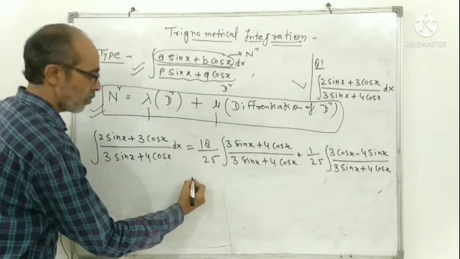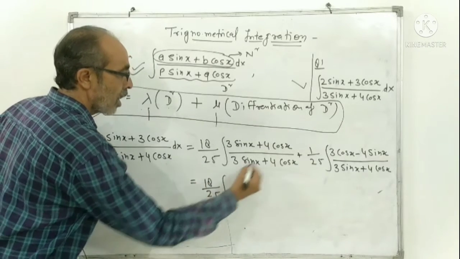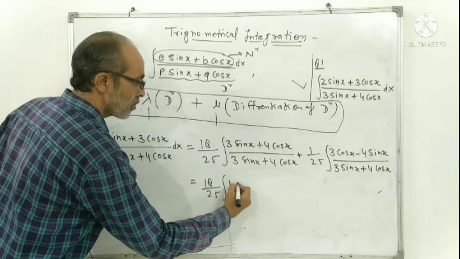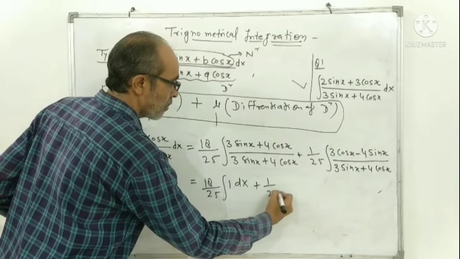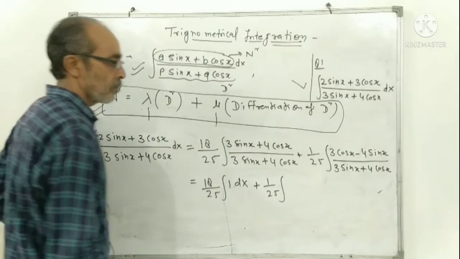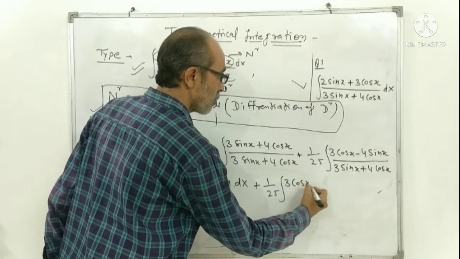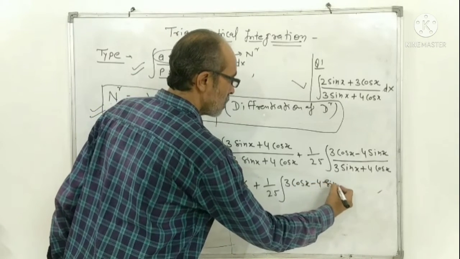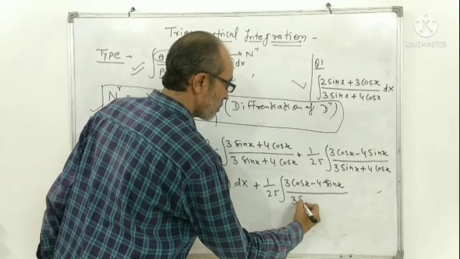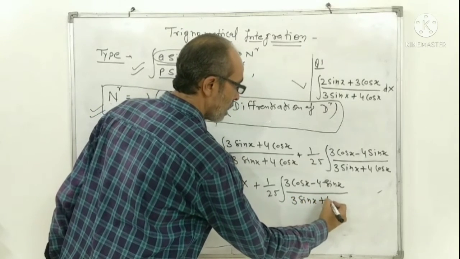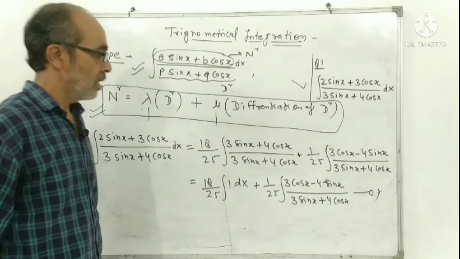Now we solve. Here is 18 divided by 25, and both terms are cancelled. Then we write 1 dx, and positive 1 upon 25 is a constant, and this integral 3 cos x minus 4 sin x divided by 3 sin x plus 4 cos x. This is equation number 1.